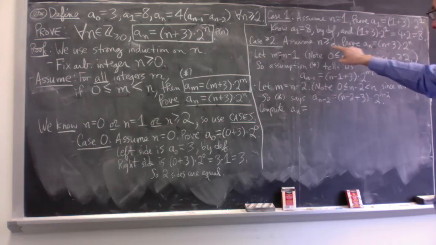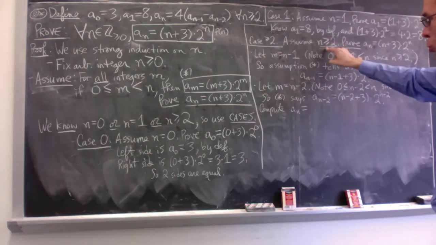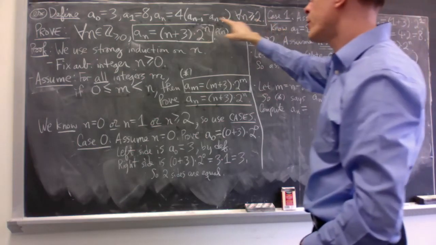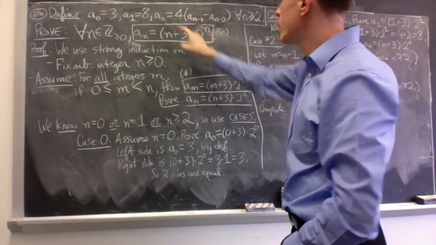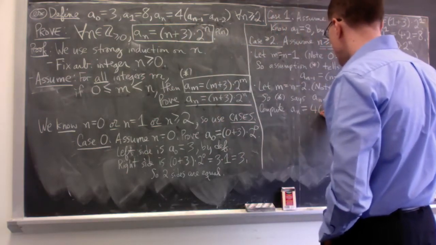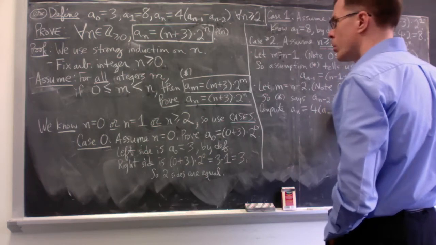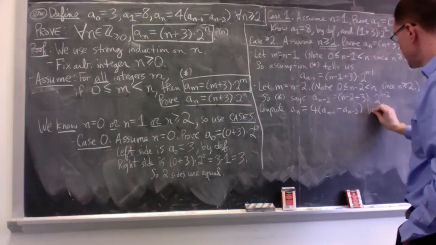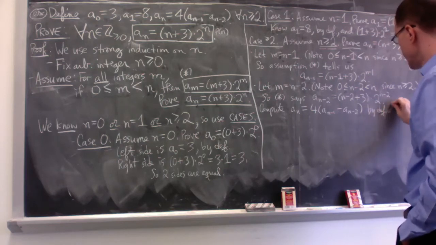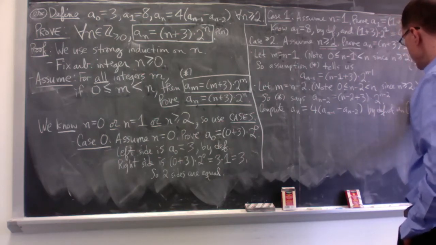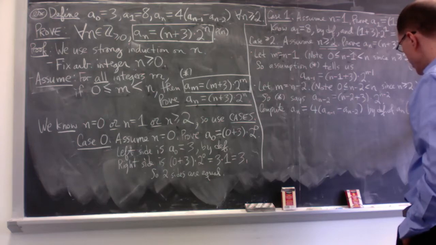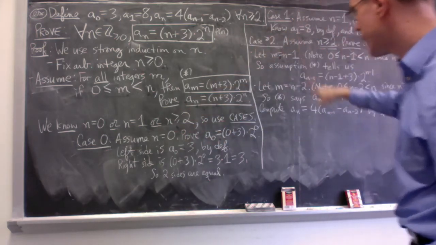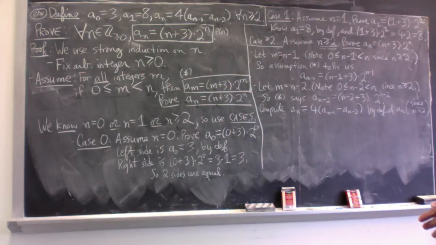The only thing we know about a(n), keeping in mind that n is at least 2 in this case, is the definition of a(n). a(n) is 4 times a(n minus 1) minus a(n minus 2) by definition. But again, noting very carefully that n had to be greater than or equal to 2. That's why 0 and 1 had to be separate. I couldn't have said this if n was 0 or 1.